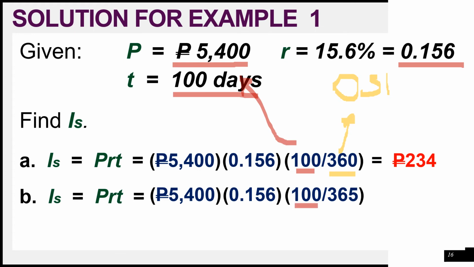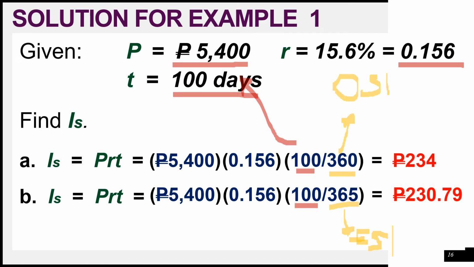Again, the 100 here is the t, while the 365 is for the exact simple interest. Why is it 365? It's because there are exactly 365 days in a year. Now, our answer, when you multiply all of this, is equal to 230 pesos and 79 centavos.